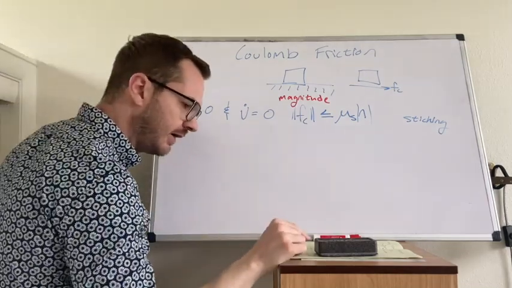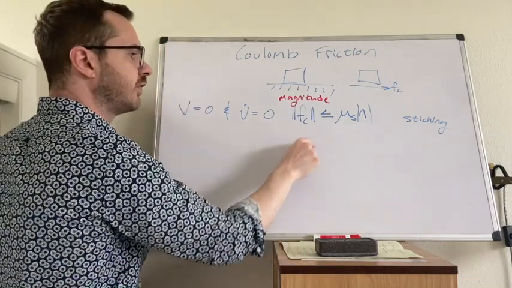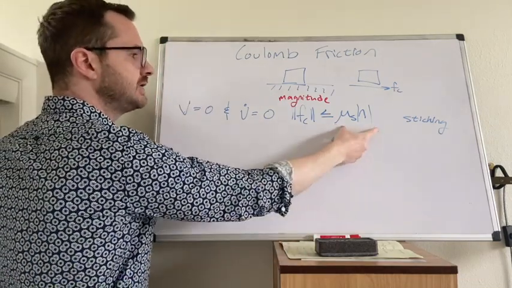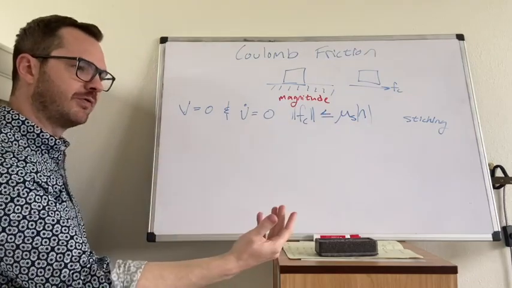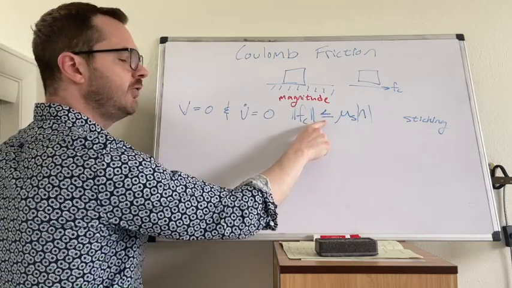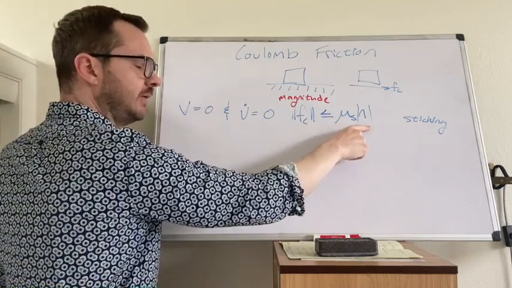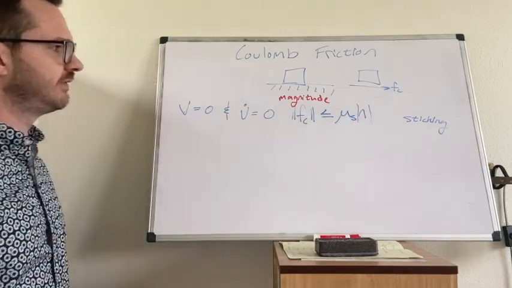If I reach down and I apply a little force to it, then this Coulomb force will actually equal my input force. It will cancel the force that I apply to the object, and it will do that up to a maximum of mu s times n. So this is our sticking phase.